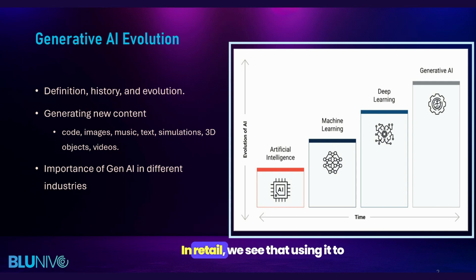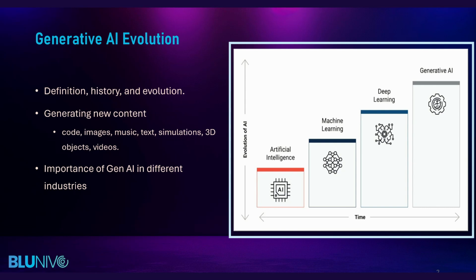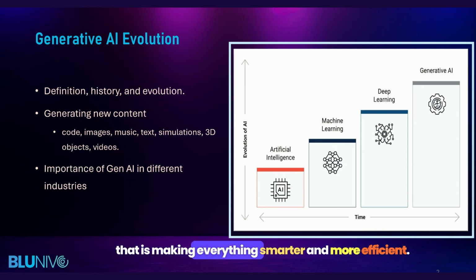In retail, we see it being used to manage stock or create personalized shopping experiences. And I guess if I want to summarize it, I'd say Gen AI is a game changer that is making everything smarter and more efficient.